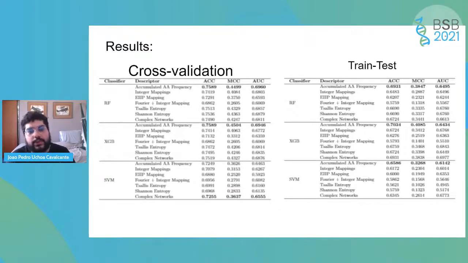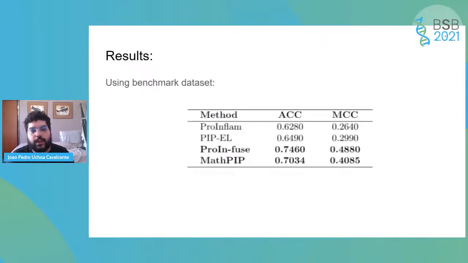These are the results. They are quite good on the cross-validation, and they get a little worse on the train test split. That's to be expected, since cross-validation is a mean between a lot of iterations of the same data set. In the final results, we were a lot better than two of the previous works, but worse than ProInfuse. The explanation is probably that ProInfuse used more sophisticated machine learning methods, and we did not.